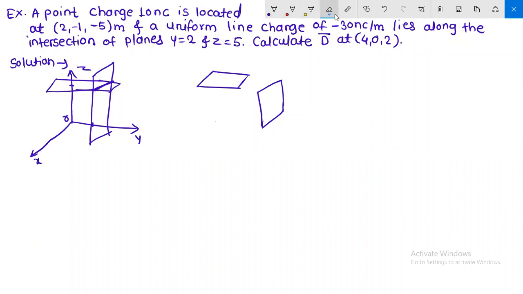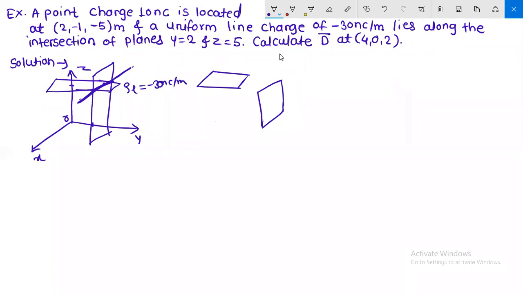Okay. And one point is given here, there are a number of charges on this line. Again, rho L is given. This rho L is equal to minus 30 nanocoulomb per meter.